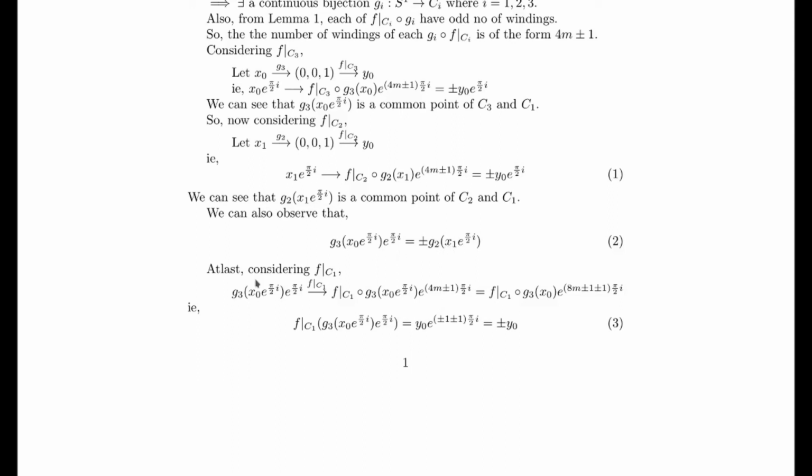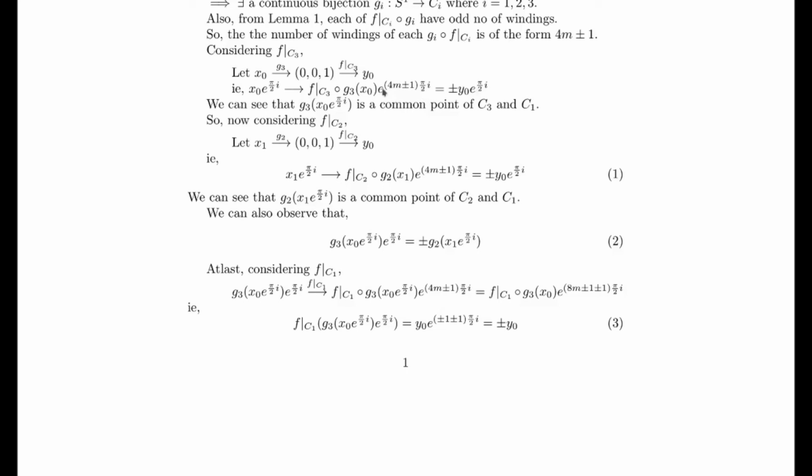So moving on to the last circle, C1. This is a point in C1. So just like the previous ones, we can rotate this point by 4m plus or minus 1 pi by 2. But we also have the value of this point, which is given by the C3 circle, which will be y0 times e raised to 4m plus or minus 1 pi by 2.